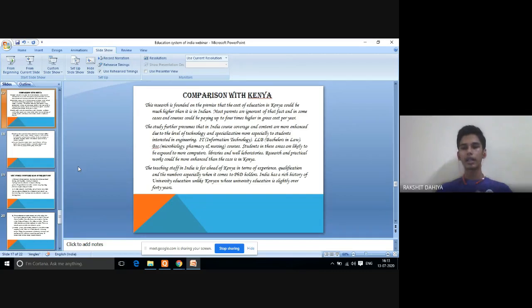Students in these areas are likely to be exposed to more computers. I just told you that India is good in technology, but this is the comparison with Kenya. So they should be exposed to computers, technology, and libraries with well-equipped laboratories. Research and practical work could be more enhanced than the case in Kenya.